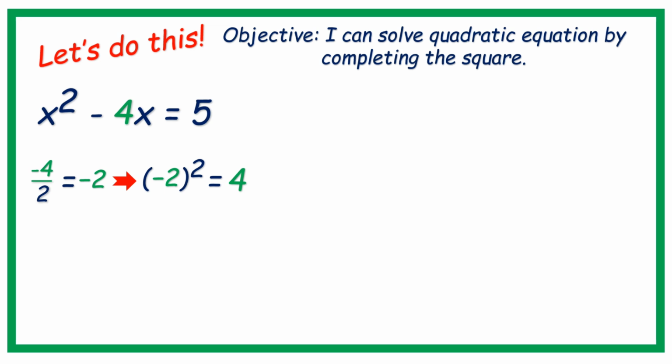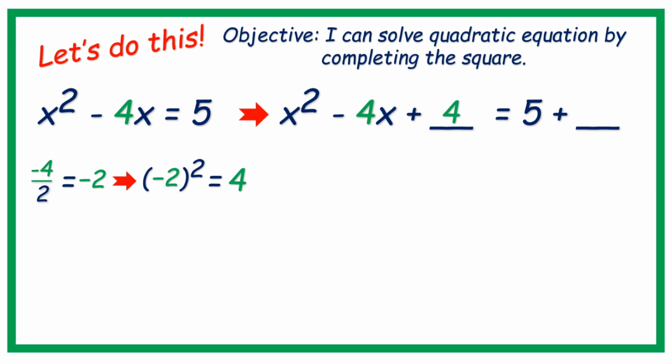Okay? The next step, we're going to change x squared minus 4x equals 5 into this one. X squared minus 4x plus blank equals 5 plus blank. What are we going to put on those blanks? You got it. We're going to place there the positive 4.